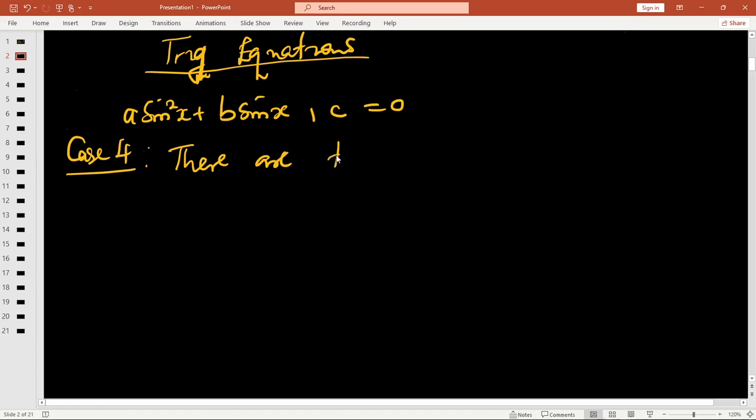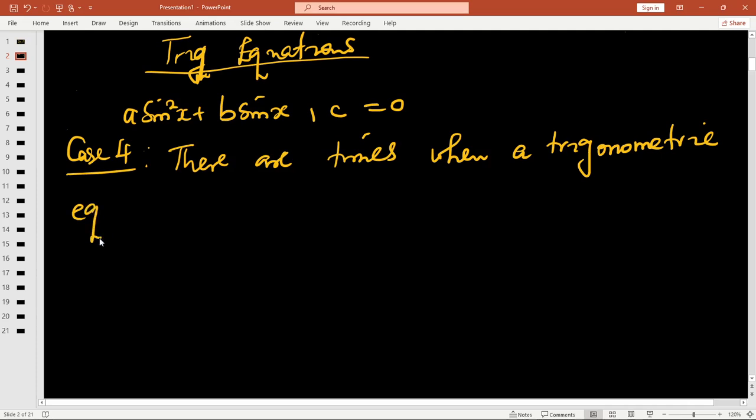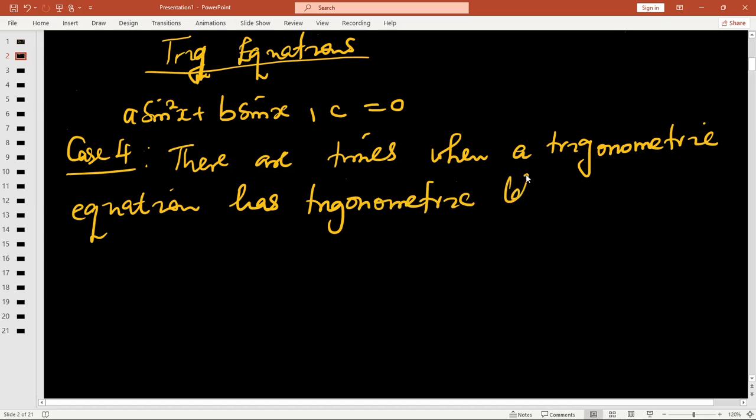So there are times when a trig equation has trigonometric identities in it.